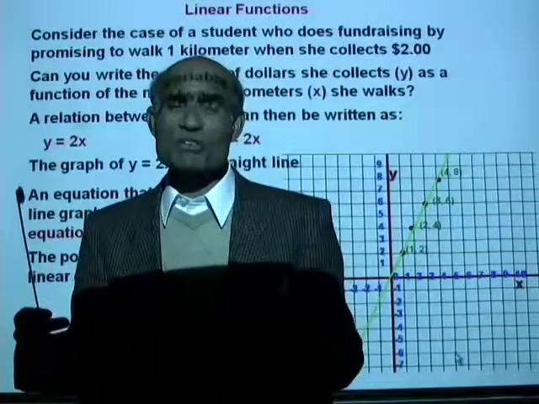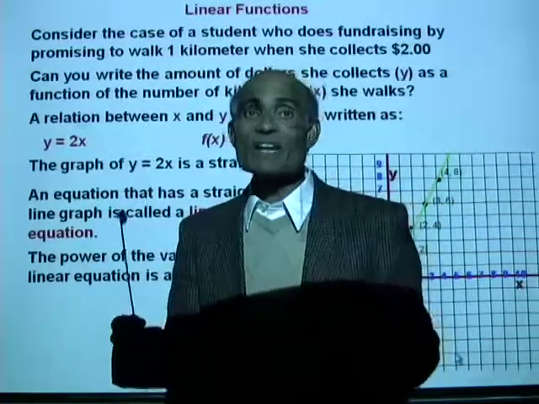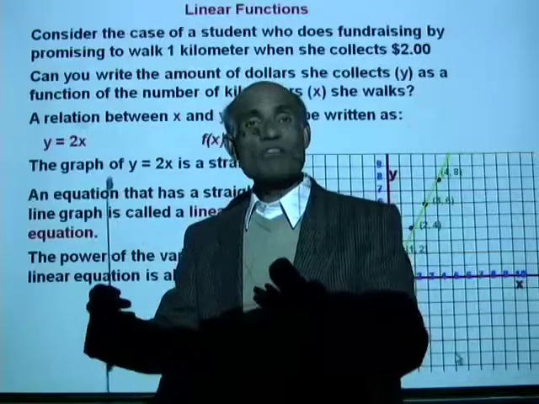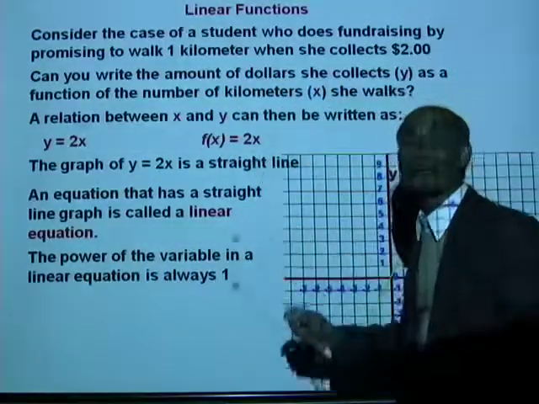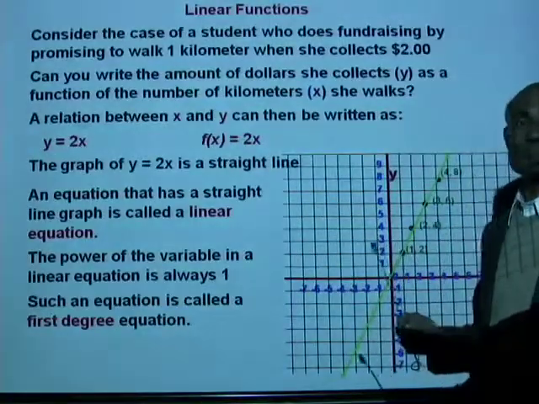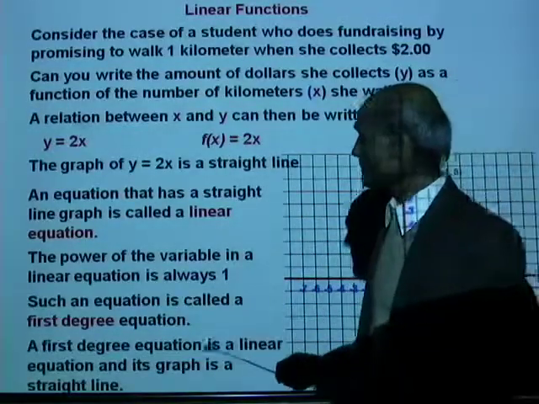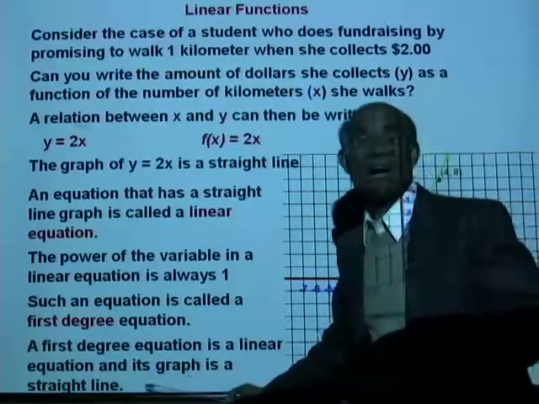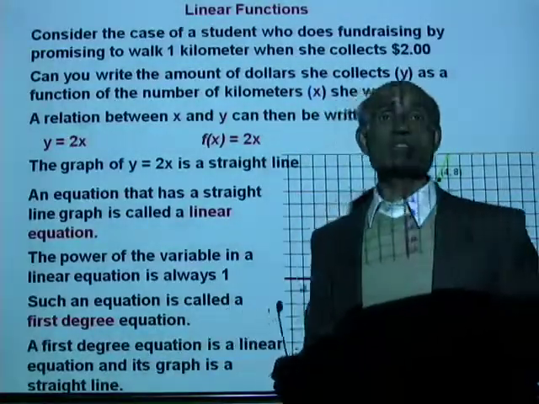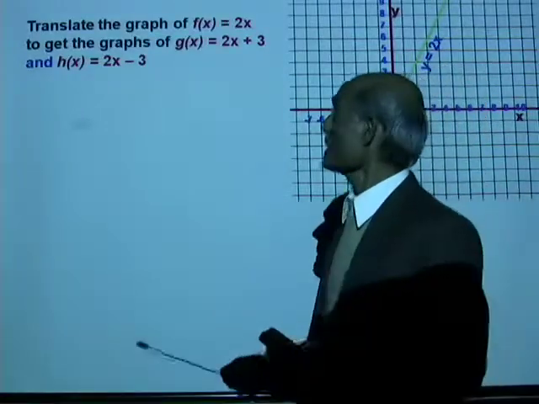I'm sure you understand these concepts. A linear equation or a linear function is a first degree function. The power of x is 1. Alright. So a first degree equation is a linear equation, and its graph is a straight line.